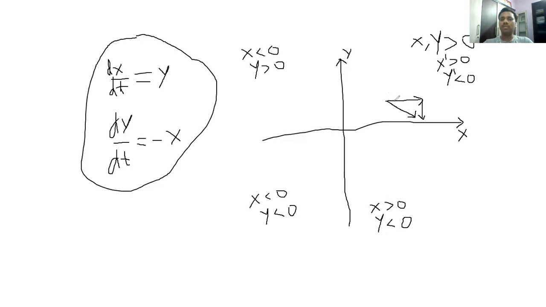So this will be the direction of the trajectories here. I can make it dotted, or change the color.